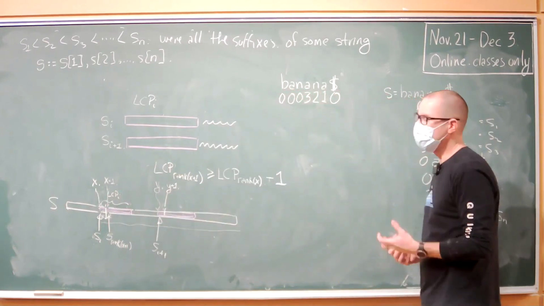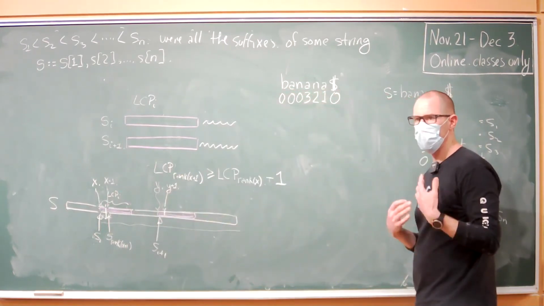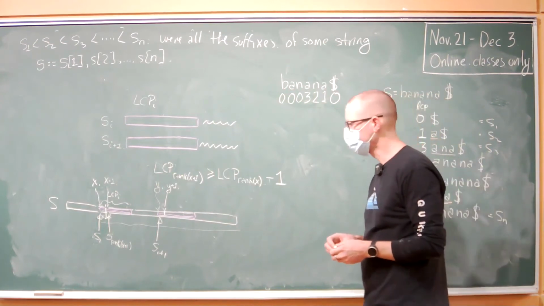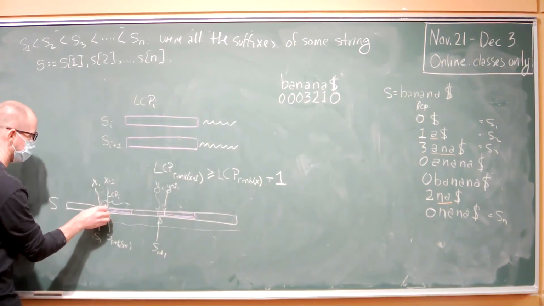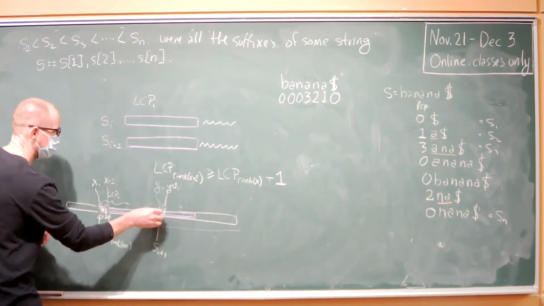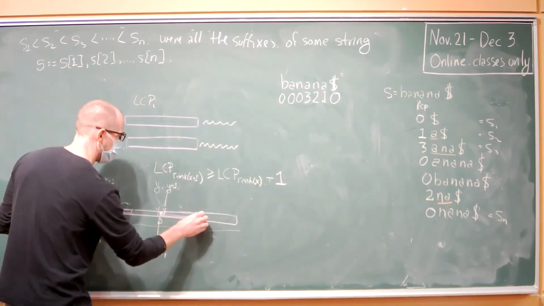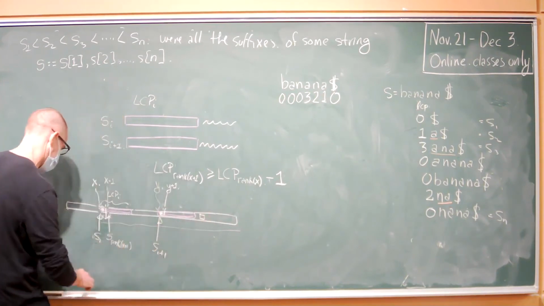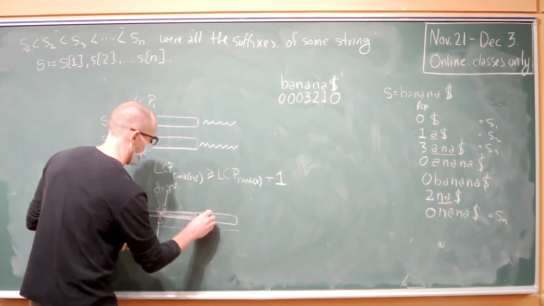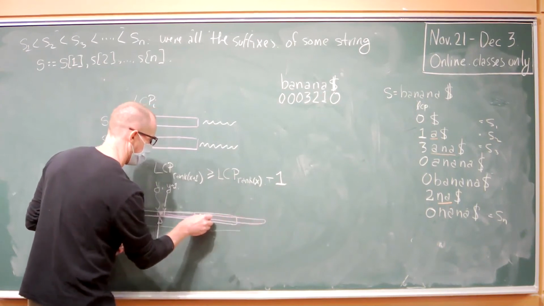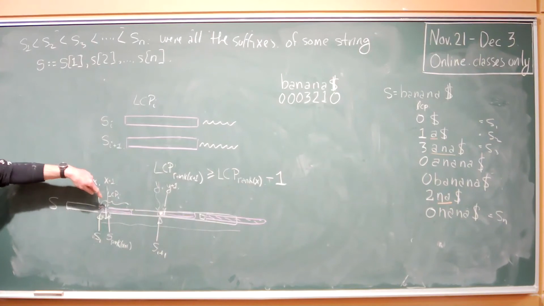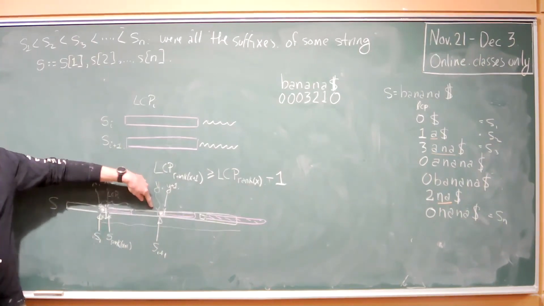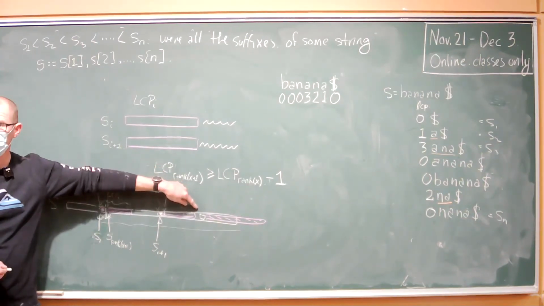But there could be other strings somewhere else that agree with this one on more characters, right? If this was, let's say, a dot character, there could be another string that is a box character followed by a whole bunch of stuff which agrees with this one even longer than this one does.